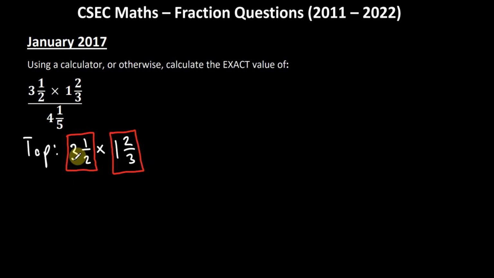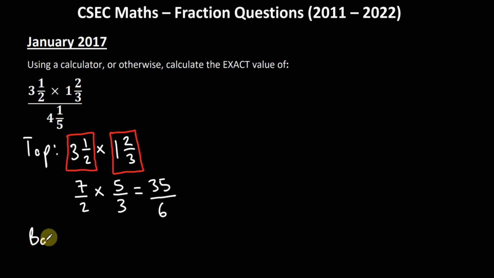And in doing so, I'll have 3 times 2, 6, plus 1, 7/2, times 1 times 3, 3 plus 2, 5/3. And there's nothing here that can be cancelled out. So I'll multiply across. So I'll multiply the numerators together. 7 times 5, that's 35. The denominators together, 2 times 3, that's 6. And that's pretty much the top.